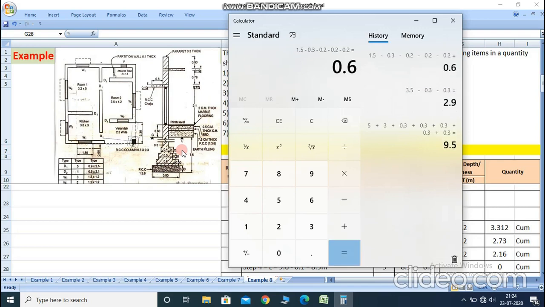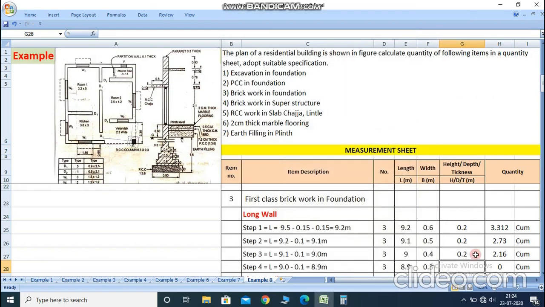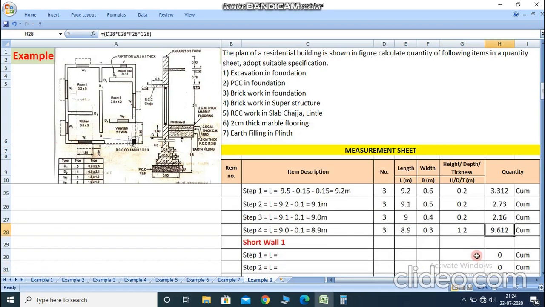We got the answer 0.6, and we take the value from the bottom portion of this 0.2 third step, and plus 0.6. So 0.6 plus 0.6, we got the answer 1.2. So height we put here 1.2 meter. So right here 1.2, and we got the answer 9.612 cubic meter.